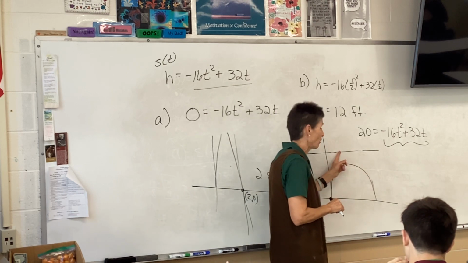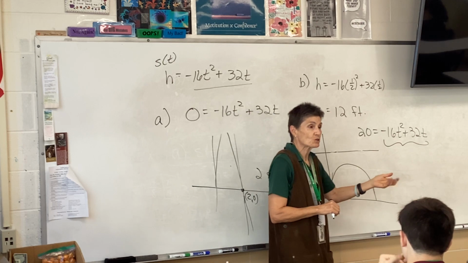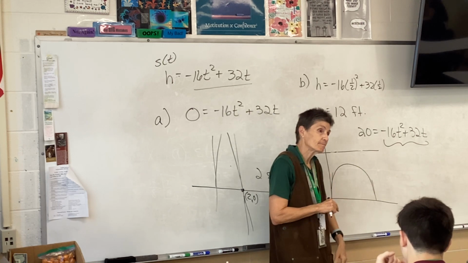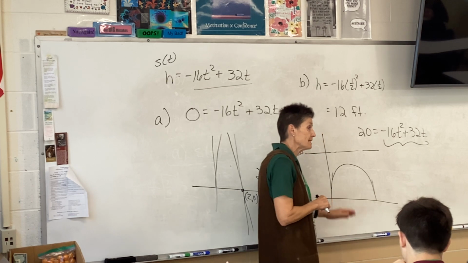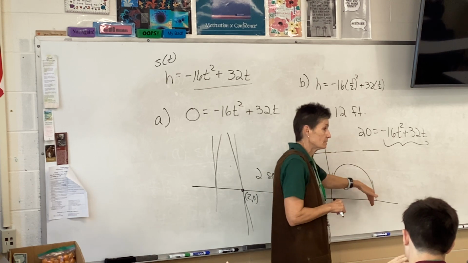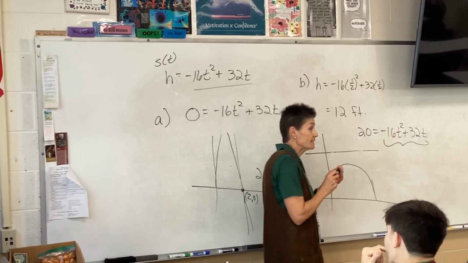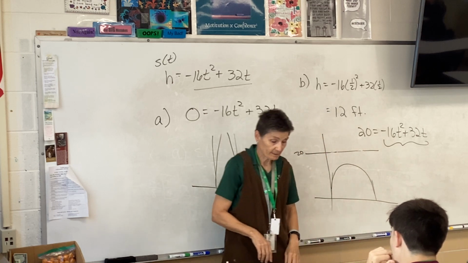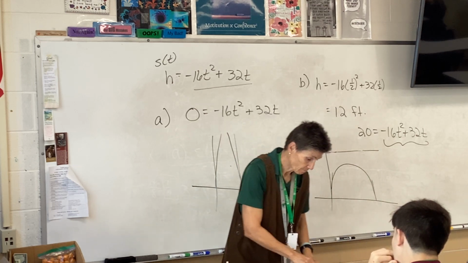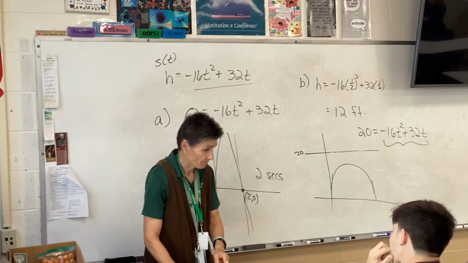Does the ball ever get all the way up to 20? No. So when does the ball reach 20 feet? It doesn't go that high. If it did, it would cross. So it doesn't. So you just write 0? No, you say it doesn't get that high. Not, doesn't go high enough.